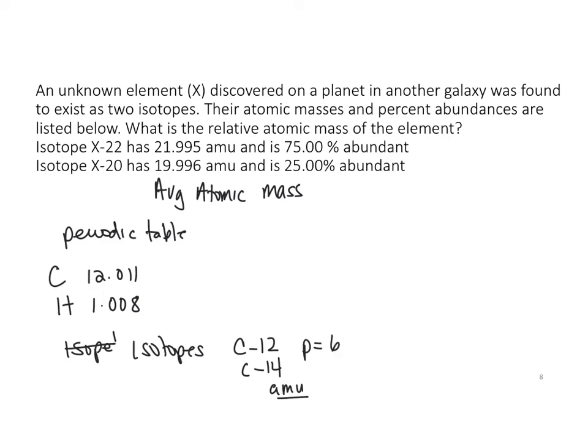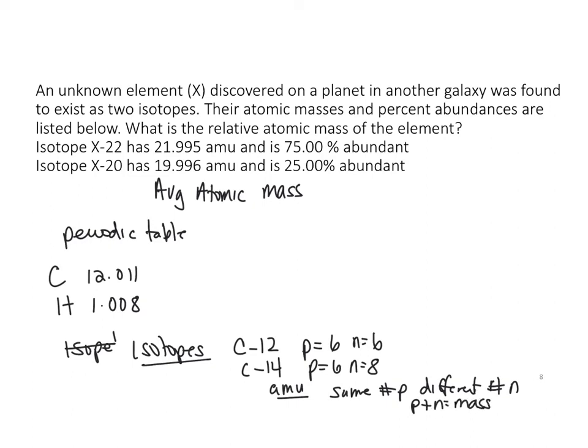Protons are 6, but here the neutrons are 6, and here the neutrons are 8. So these are isotopes. They have the same number of protons, but they have different numbers of neutrons. Since protons plus neutrons make up your mass, they have different masses.